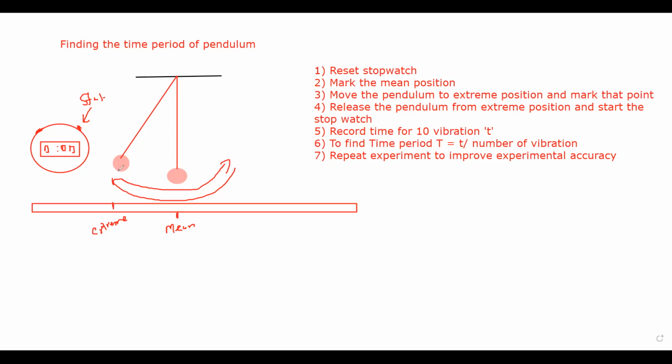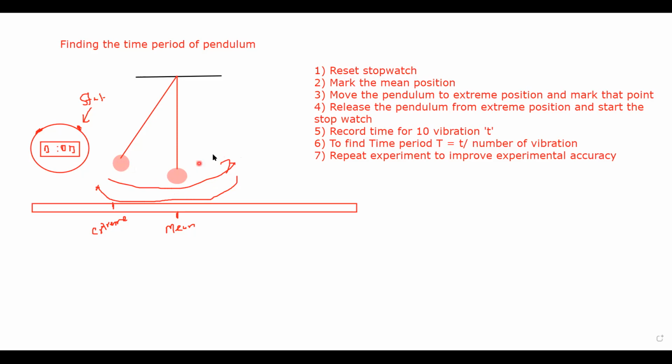So we release the pendulum from an extreme position, it will move from one side to another extreme and then it will return back. For example, if this highlighted part is representing a pendulum, we release it from here, it will go and then return.